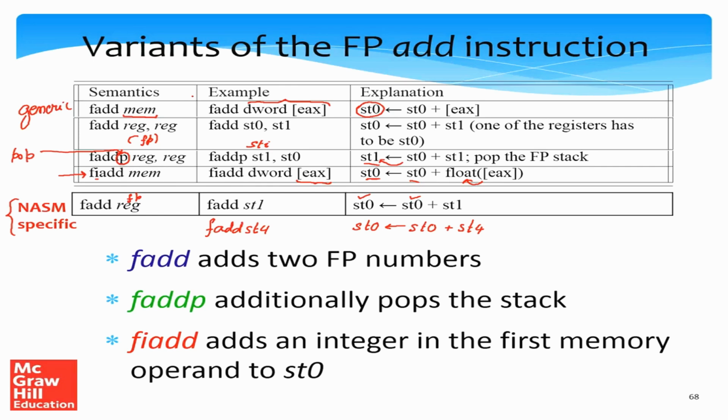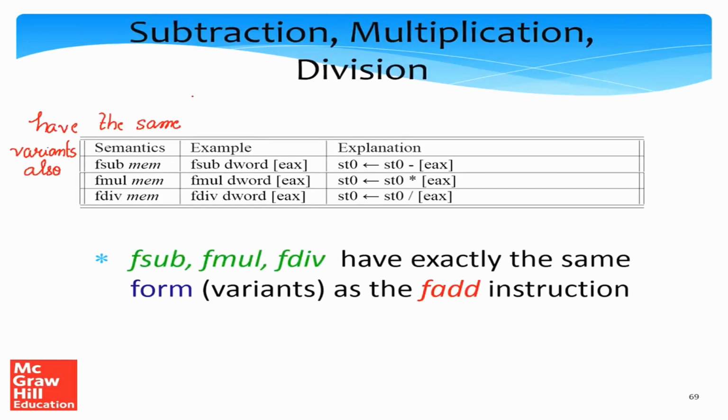They also have the additional P mode where we pop the floating point stack, and also similar to FIADD, you can have an FISUB where we read in an integer from memory, convert it to floating point and use it in a subtraction.